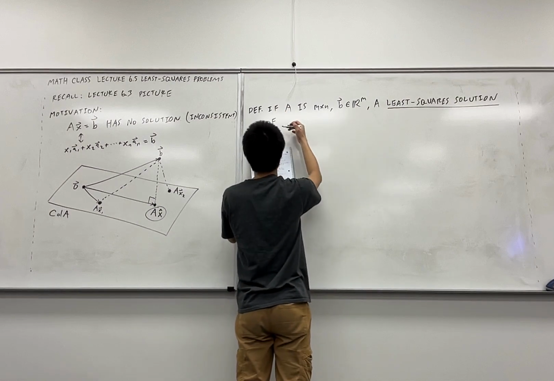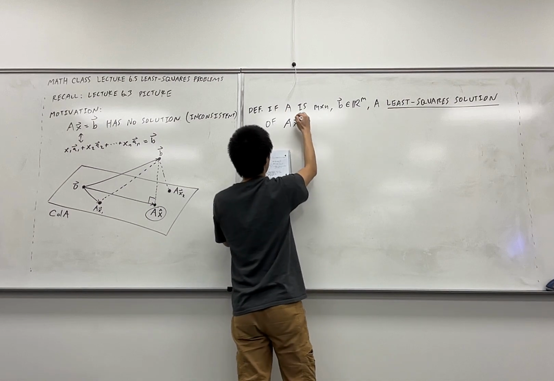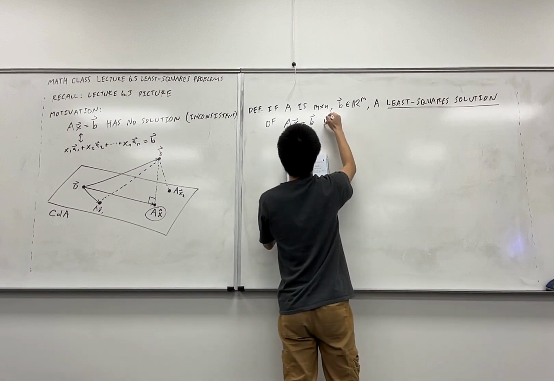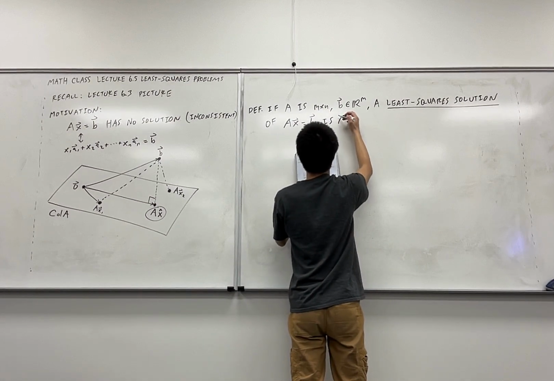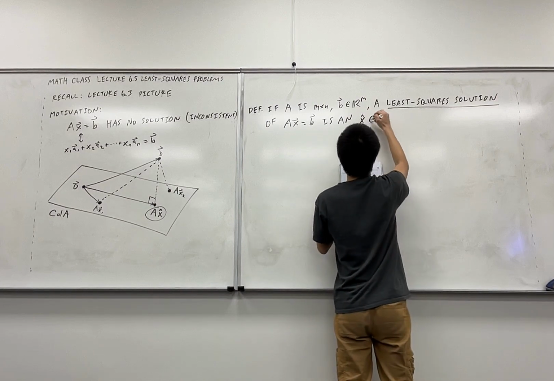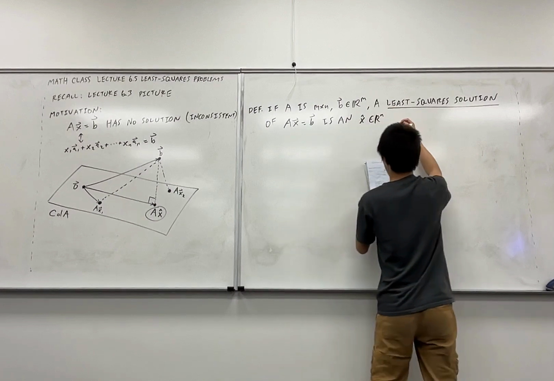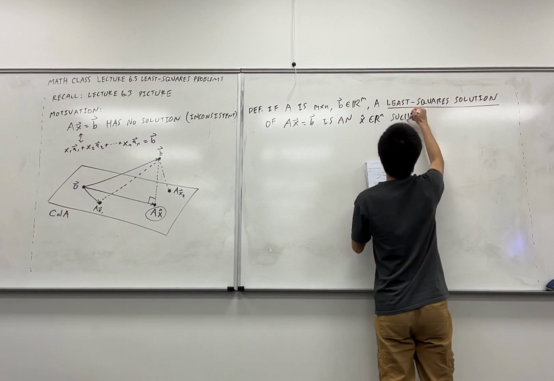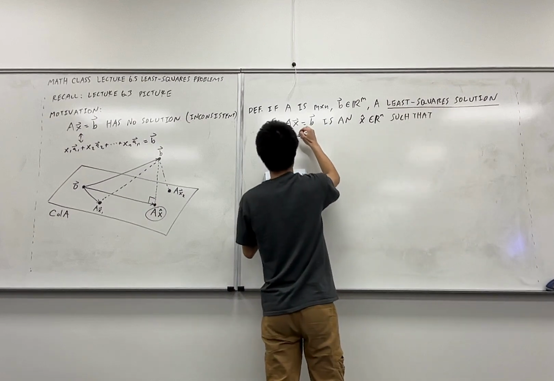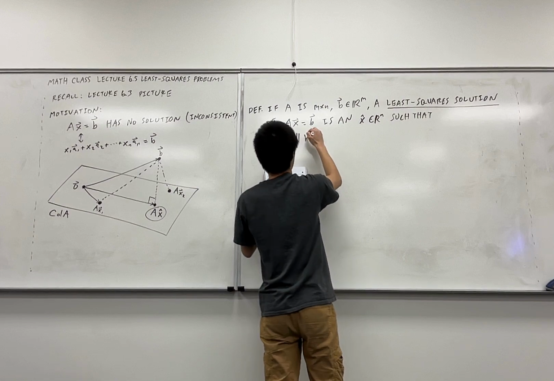My least squares solution of a matrix AX equals B is a vector, and this is our x hat that we've been talking about, in Rn, such that, now here's the jargon, but trust me, you already know this.